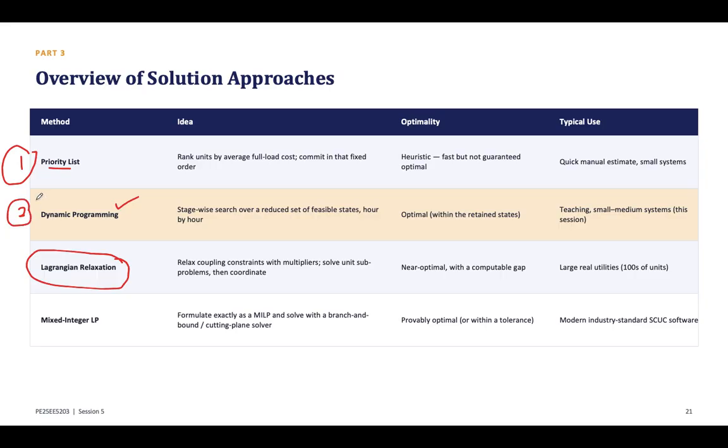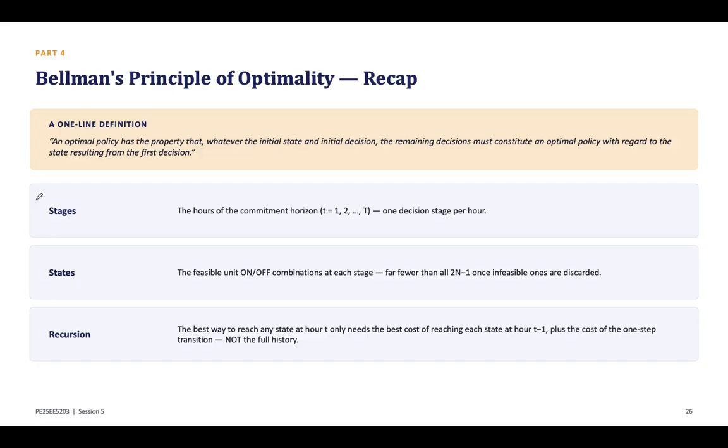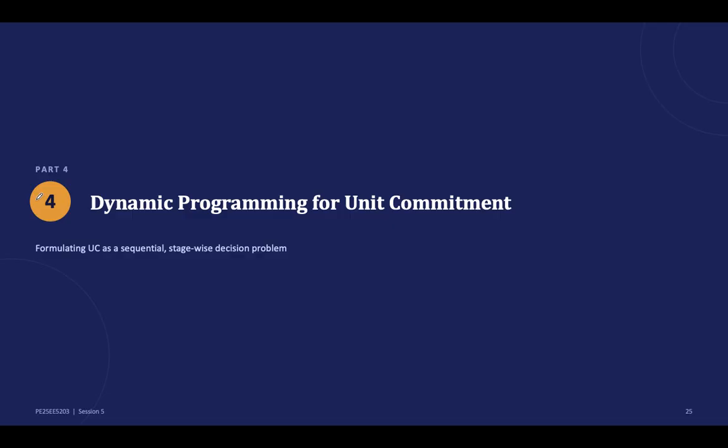Dynamic programming is introduced because unit commitment has a natural sequential structure. The scheduling horizon can be divided into stages, usually hours. At every stage, the system occupies one commitment state, and the decision is the transition to the state in the next stage, right?